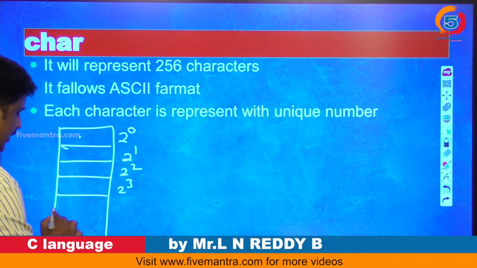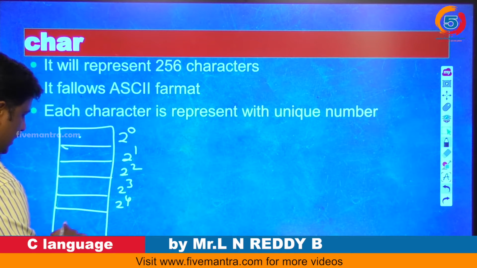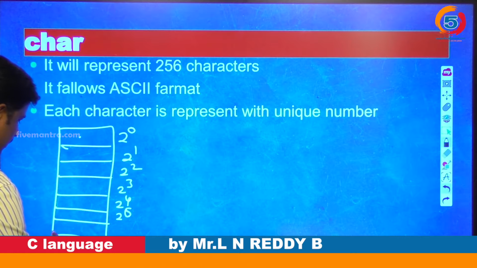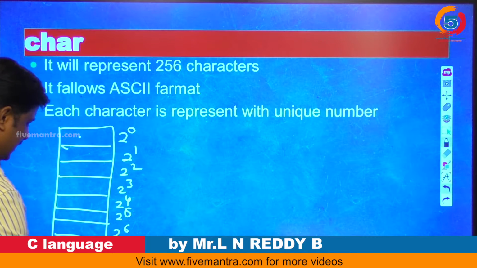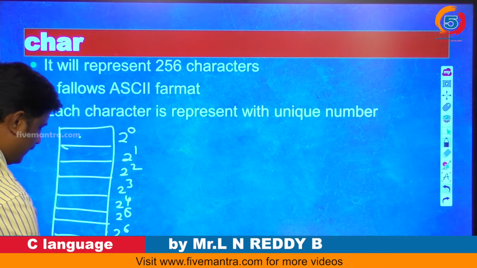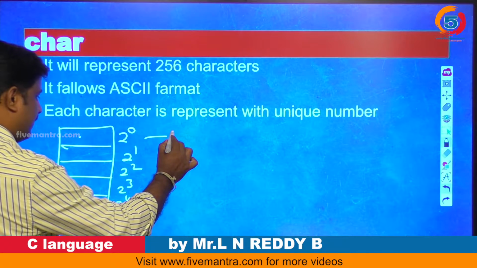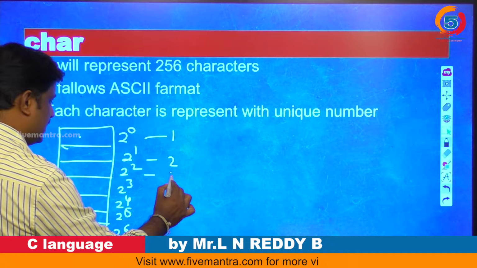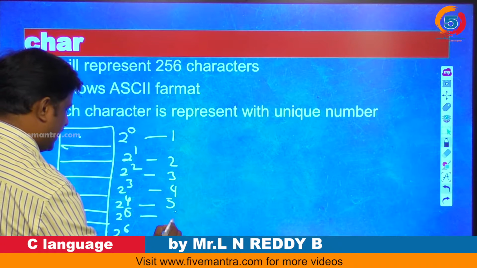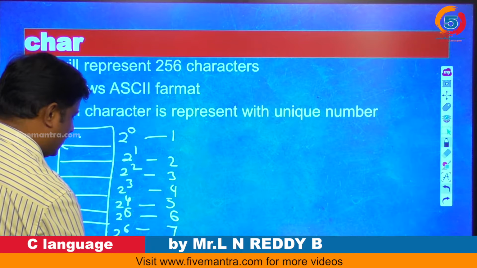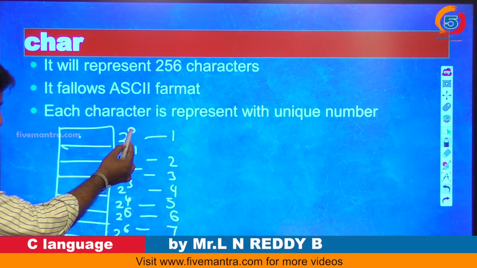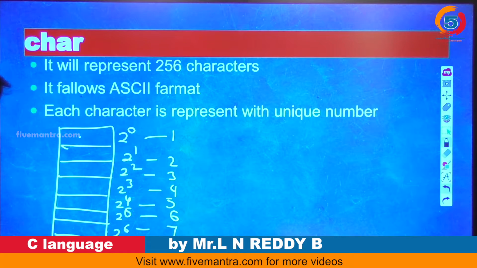It is a simple way you can represent it, like 2 to the power of 4, 5, 6, and so on. The last digit is 2 to the power of 7. This is the first digit, second, third, fourth, fifth, sixth, seventh, eighth. Remember, your power starts from 0, because of that it ends with 7.